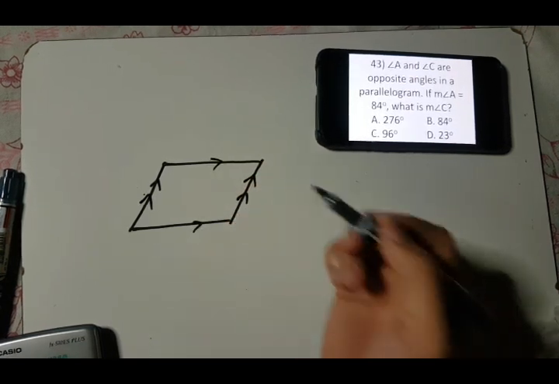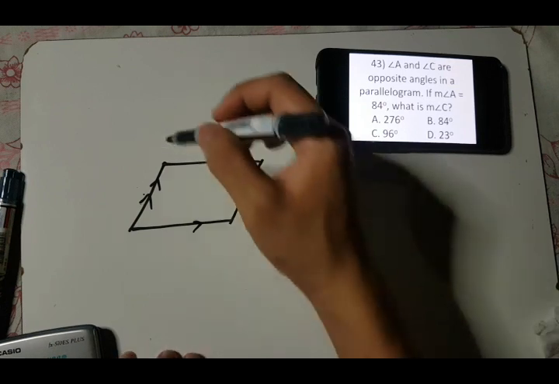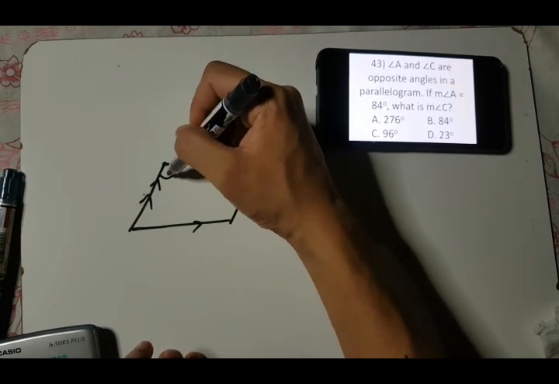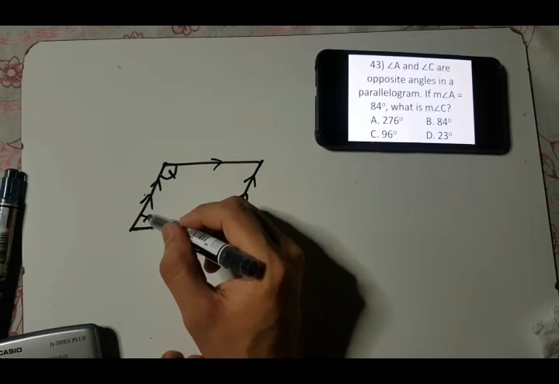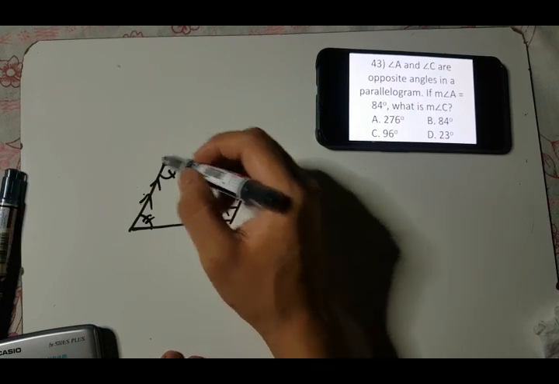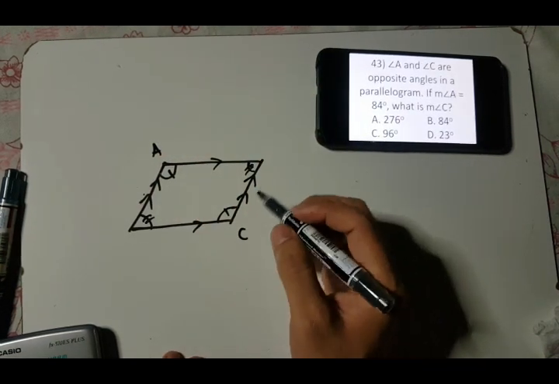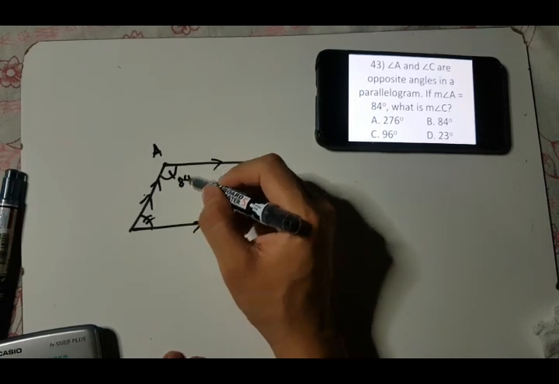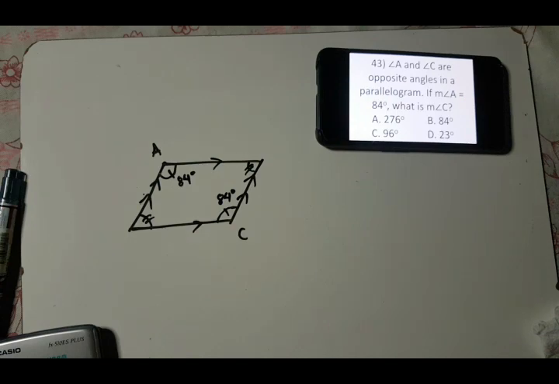Next, so yung properties ni parallelogram is yung opposite angles niya are always congruent. Okay? So, meaning kung si angle A, sabihin natin itong si angle A at angle C, so 84 degrees ito, so therefore, this is also 84 degrees. Letter B.